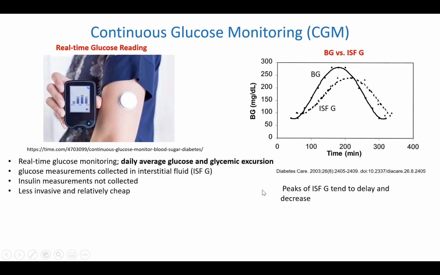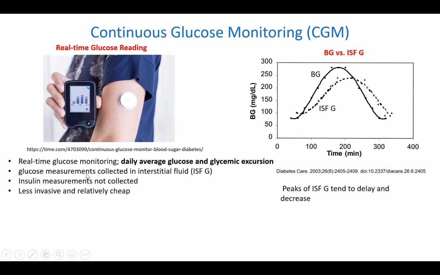Now let's move to CGM, relative beta cell function during continuous glucose monitoring. Continuous glucose monitoring is a real-time glucose monitoring. Typically, it tracks the daily average glucose and glycemic excursion.